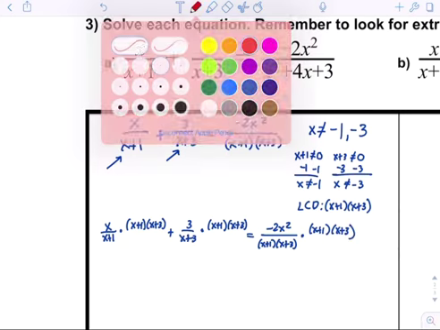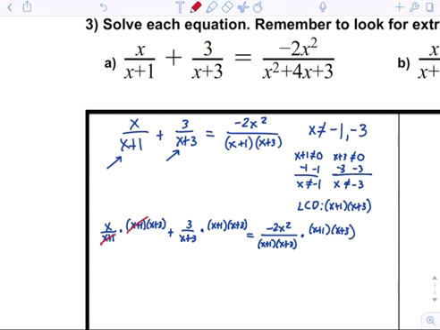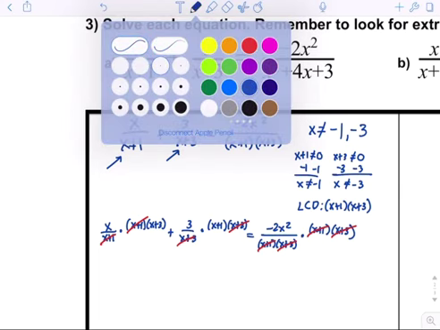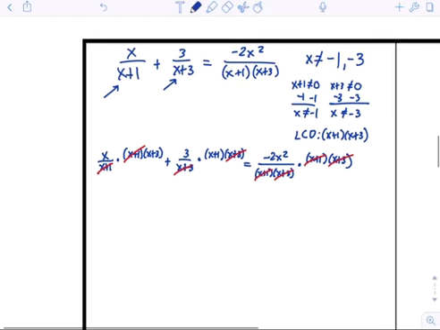And then we can start canceling. So cancel, cancel, cancel, cancel, and this one, we can cancel those. So all we're left with is x and x plus 3, plus 3, x plus 1, and negative 2x squared.